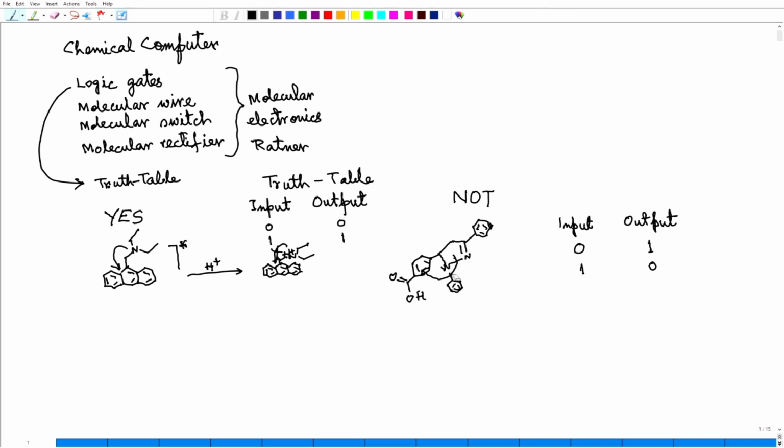So now PET is possible. Because PET is possible, output is 0. It is exactly opposite to the previous cases, where input was nothing and output was also 0, but when you put a proton, PET is blocked and output is 1. Here it is exactly opposite. So, this is a NOT logic gate.